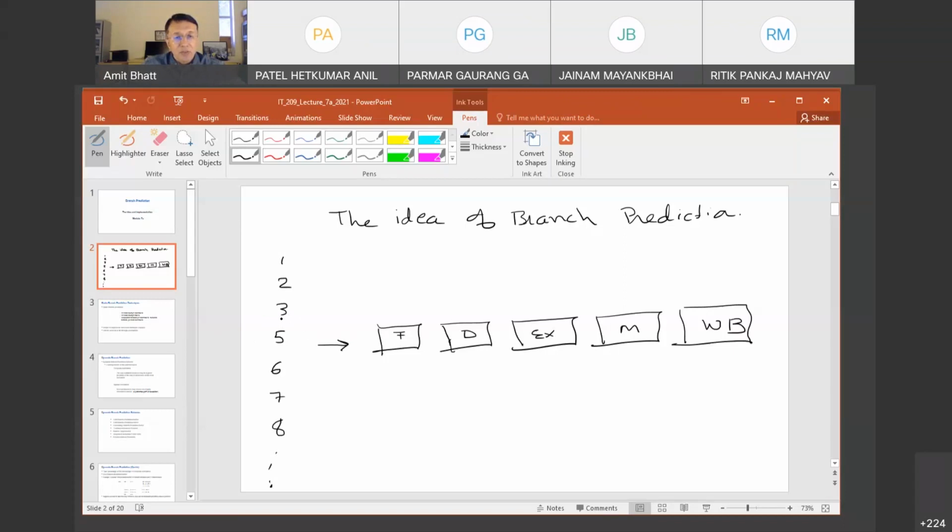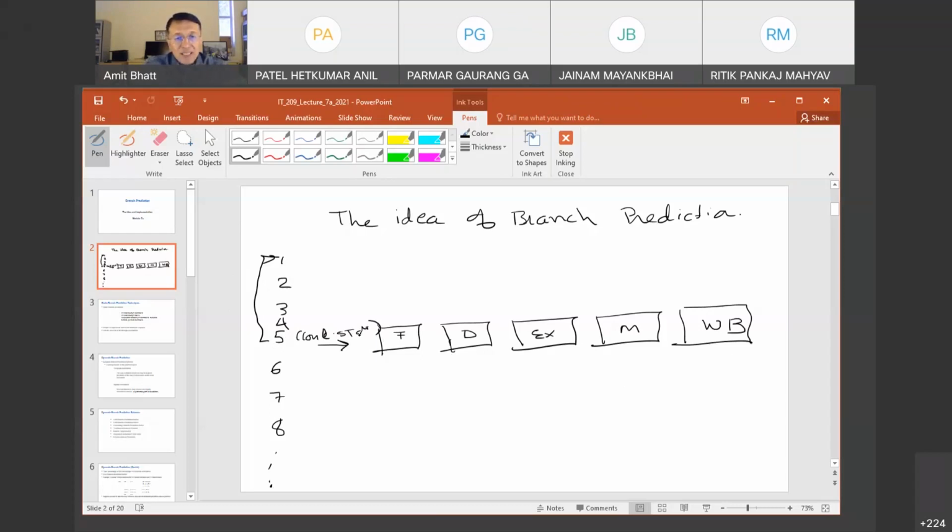There is a loop over here, and instruction number 5 is a conditional execution statement. That would tell you that if the condition is met, you come out of the loop. If the condition is not met, you go back to instruction number 1.